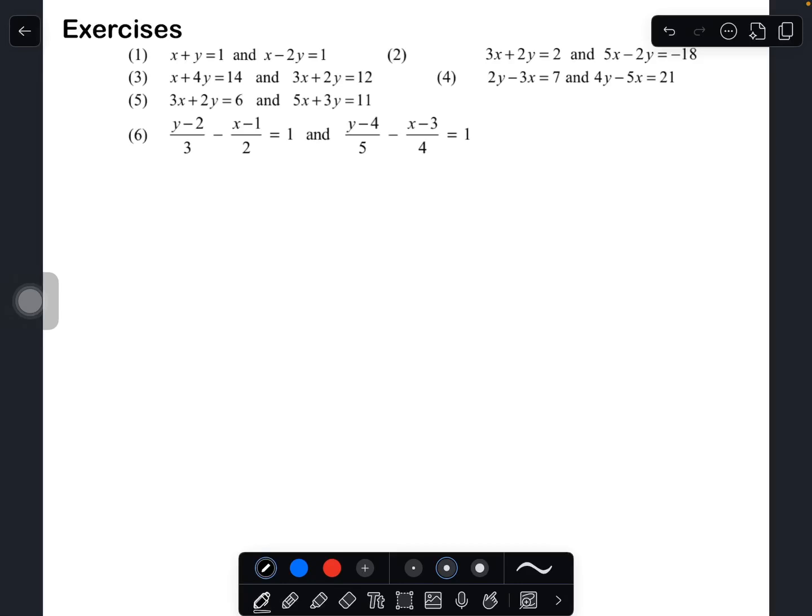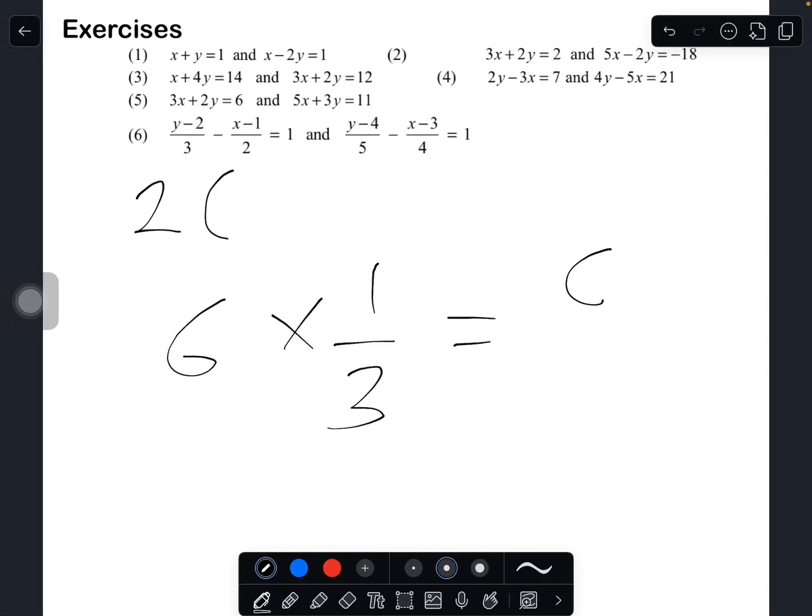What number can I multiply each term with in the first equation and second equation, so I let go of both those denominators? So that would be a lowest common multiple for the denominators in the fractions. So for 3 and 2, it's 6. So 6 times that first term will become 2, because if I had, for example, 6 times 1 over 3, this will become 6 over 3, and that's equal to 2.